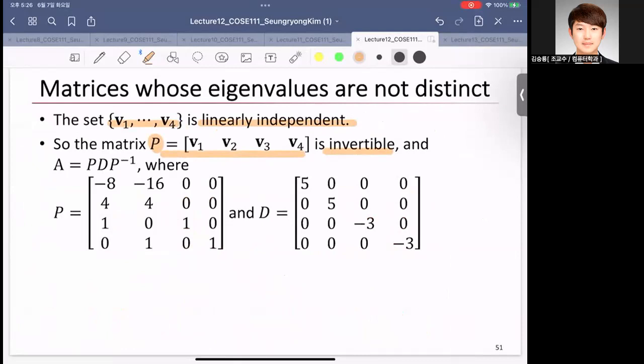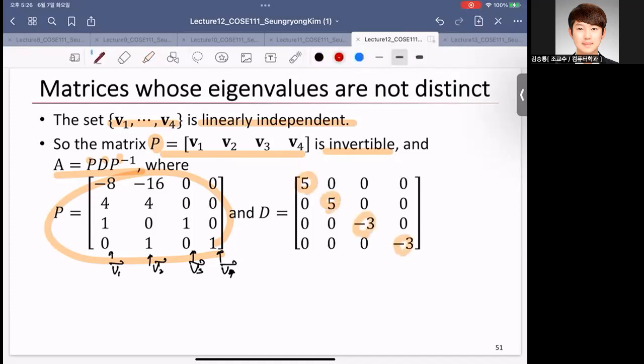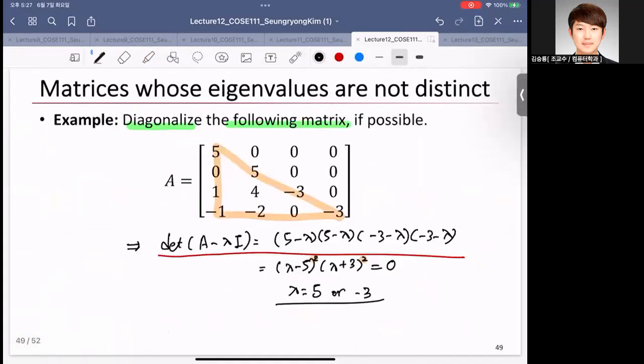So our matrix A is going to be P D P inverse, where P consists of the eigenvectors V1, V2, V3, V4, and D consists of the eigenvalues 5, 5, negative 3, negative 3. So we can factorize matrix A as P D P inverse. This is one example of how to diagonalize your matrix.